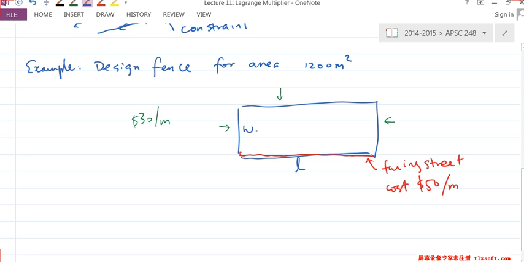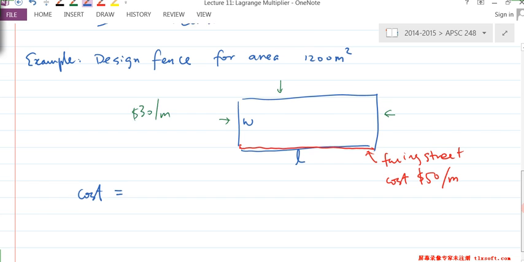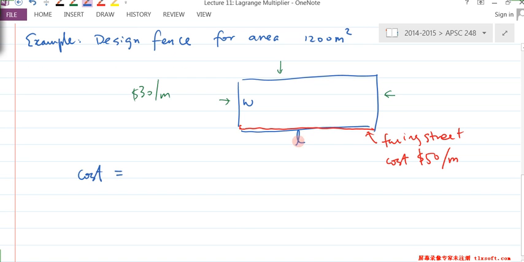Basically, what you want to do is you need to come up with the function calculating the cost for the fence. So first step is, what's the cost for the fence based on the given condition? L cost is $50 per meter.